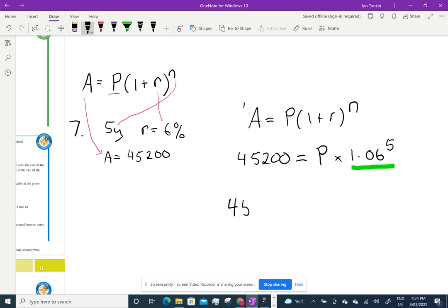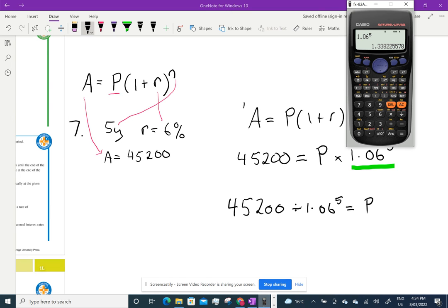So 45,200, and the inverse of multiplying is to divide by 1.06 to the power of 5 and that will give me my P. So you go 45,200 divided by 1.06 to the power of 5. Bang. There's our answer.